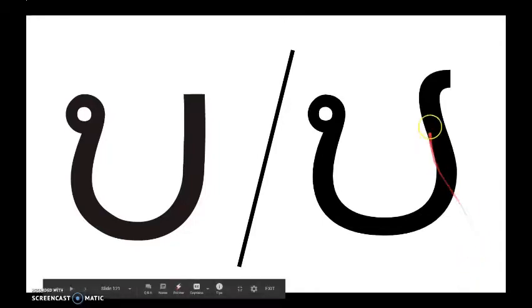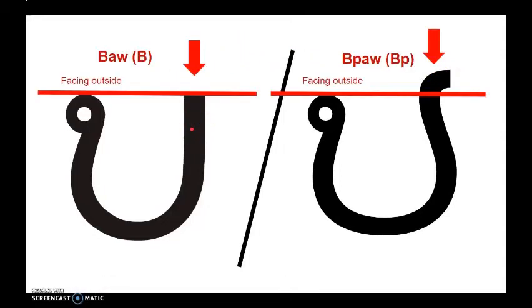One has a tail, and one does not have a tail. It's even across the top. These are the letters baw and baw. Okay, baw and baw. Okay, this one just a little bit harder.